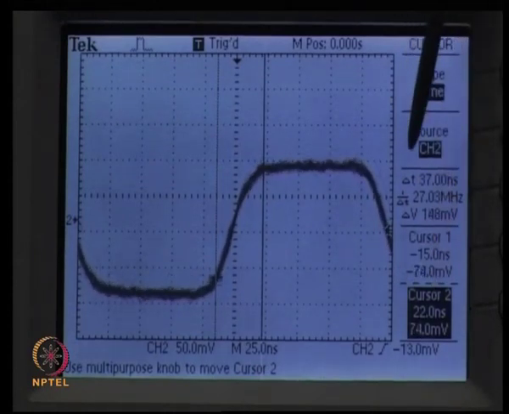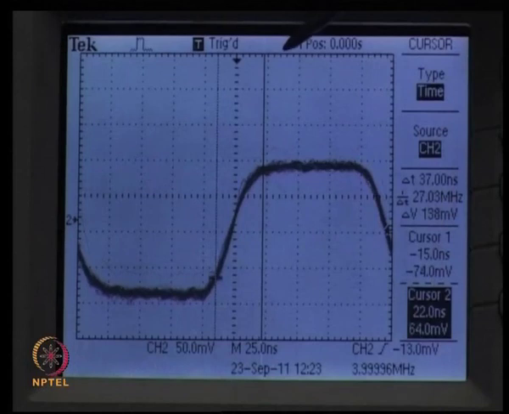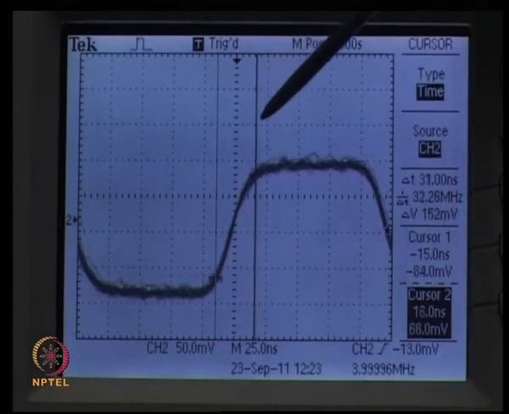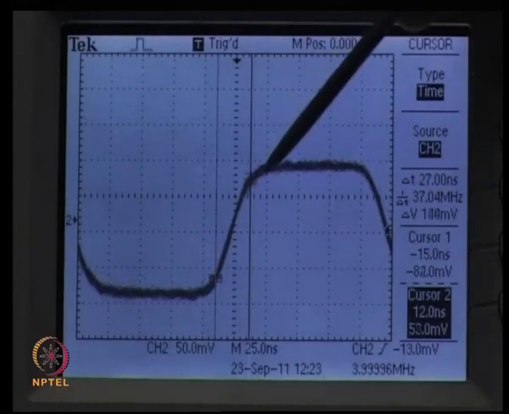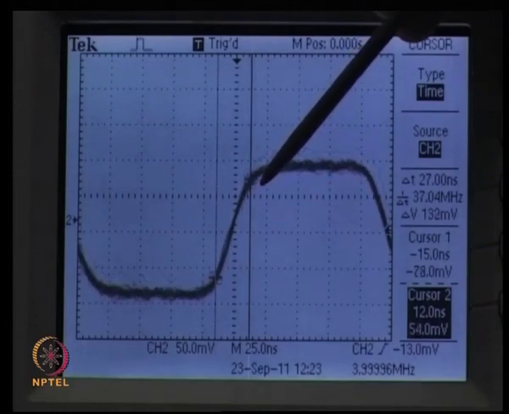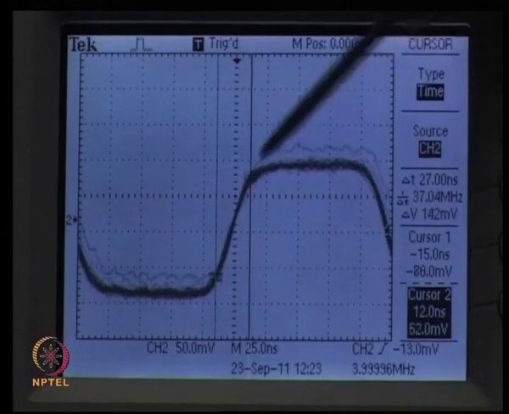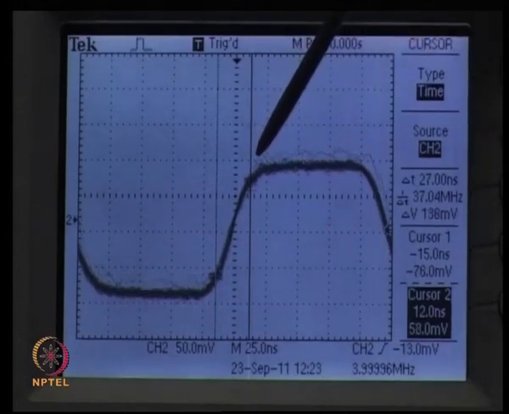Cursor 1 is at minus 15 nanoseconds. Cursor 2 is at 12 nanoseconds. Difference between the reading of cursor 2 and cursor 1 will give us the rise time.